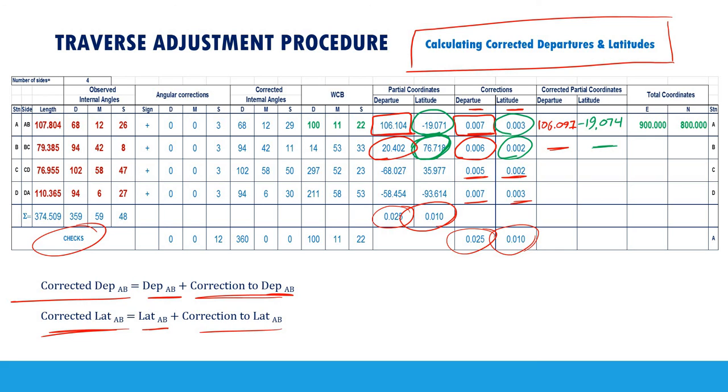Calculating the partial coordinates or the corrected departures and latitudes is very simple. You have the departures and latitudes here, you have the correction values here. Just add or take away the correction values to the original departure and latitude values. Okay, so let me do the calculations for you.